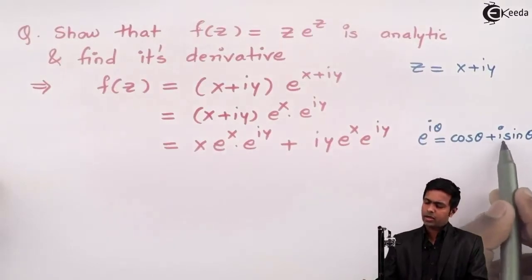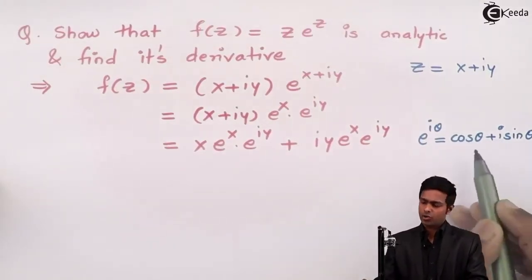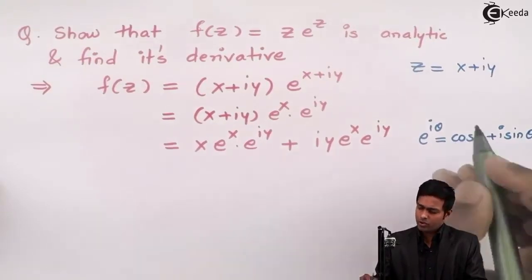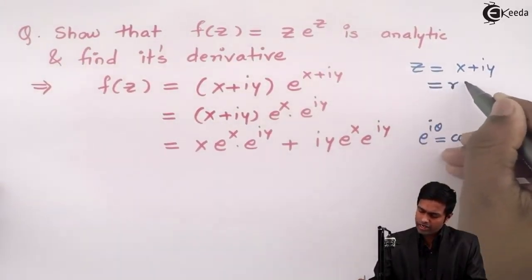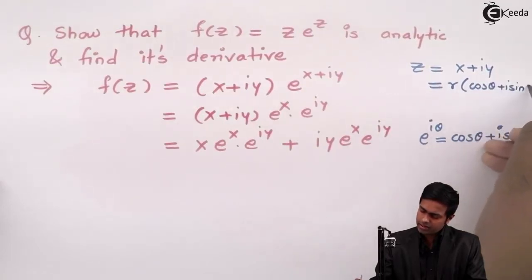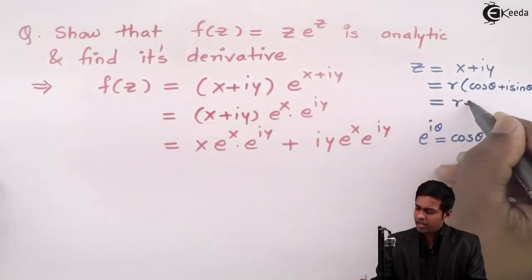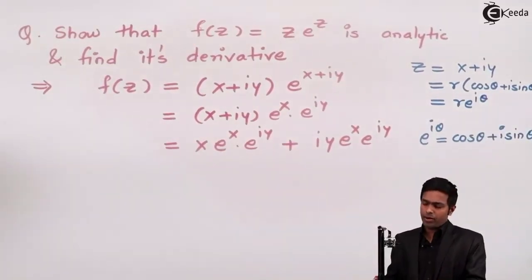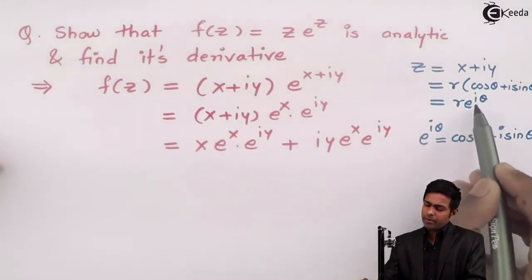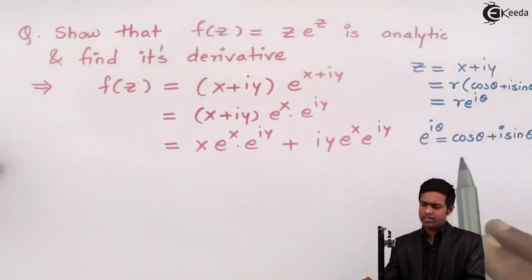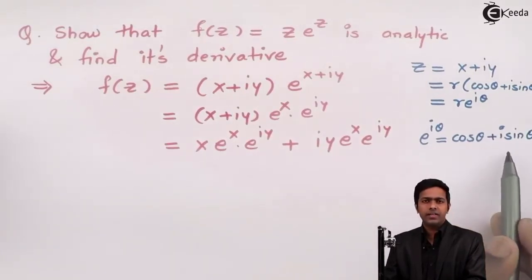Then cos theta plus i sin theta, by assuming the modulus r as 1, or r into cos theta plus i sin theta, is the polar form. And r e raised to i theta is the exponential form. So what I am doing, friends, is representing e raised to i theta as cos theta plus i sin theta. This is one of the standard identities.